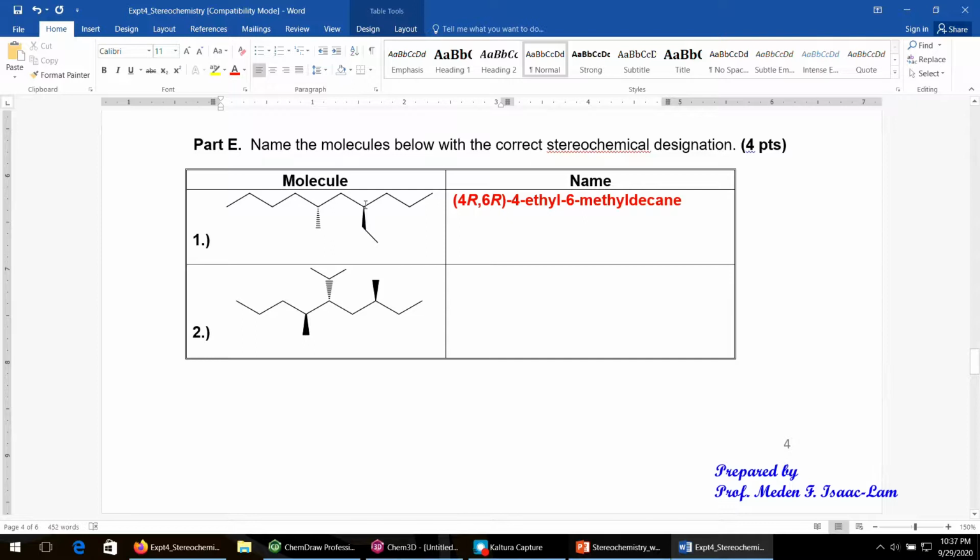So number 4 carbon and number 6 carbon. Number 4 contains an ethyl, number 6 a methyl, and then number 4 carbon is R, number 6 carbon is also R. Example number 2, write the IUPAC name and then the stereochemical designation of the chiral carbons.